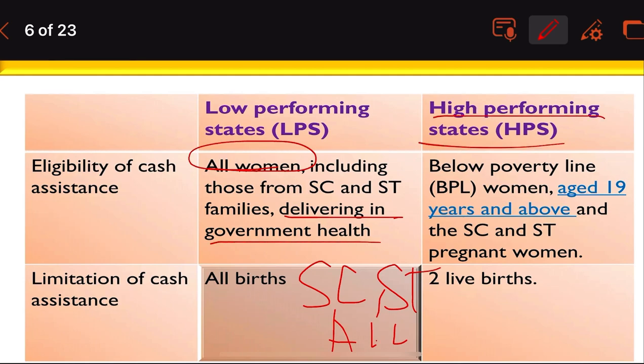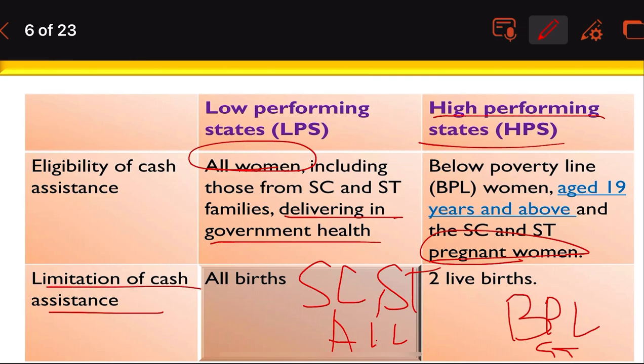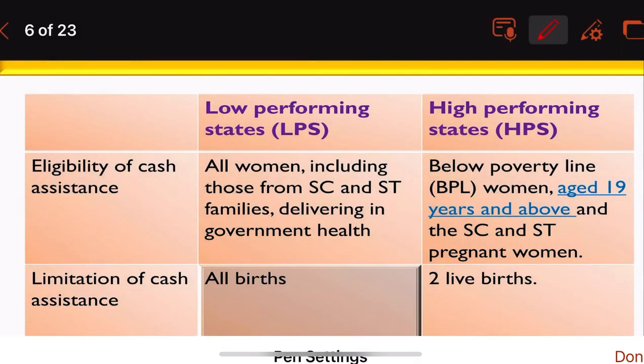In high performing states, only BPL women aged 19 years and above and the SC, ST pregnant women are delivering in the public health institution. Limitation of cash assistance, here it is given up to the 2 live births.